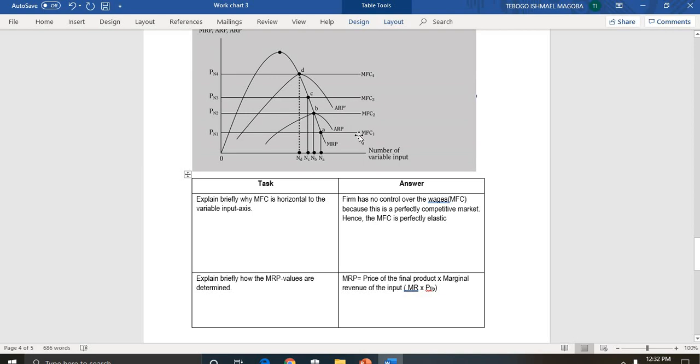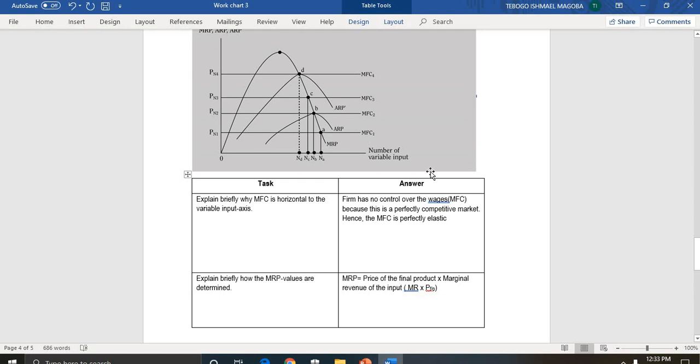marginal fixed, the average revenue product curve. Average revenue product, that's like your income for each product on average. So the average revenue product is above the marginal fixed cost of each product. That shows that there is an economic profit. So when your average revenue product is above the marginal fixed cost, then there is an economic profit there.